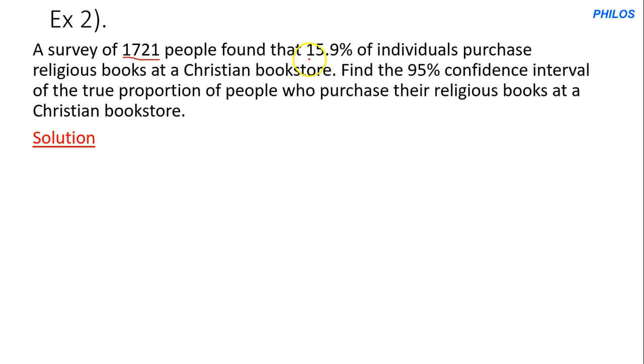But when you read further, the question says, found that 15.9%. It means that this is already giving you the P hat. So straightforward, the P hat is 15.9%. And when we say 15.9%, it means 15.9 divided by 100. So that is 0.159.